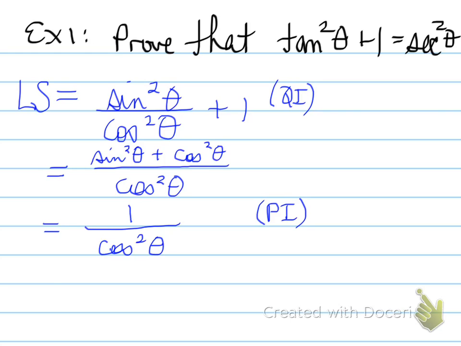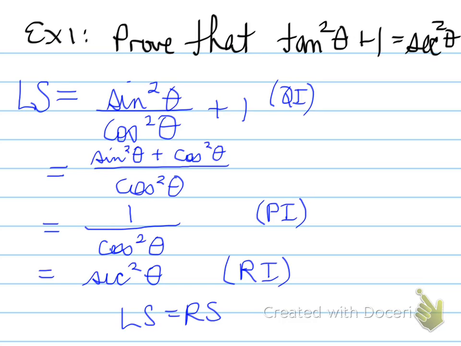Well, 1 over cos is equal to secant. So 1 over cos squared is equal to secant squared theta. That comes from the reciprocal identity. So in one example, we've used all 3 identities so that the left side equals the right side. The idea is that you have to simplify it, manipulate it, using the identities and without using a calculator. All right, example number 2.